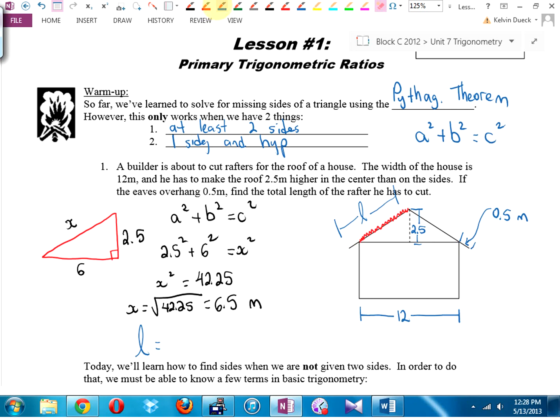How can I find the total? 7 meters. I would argue that's Math 9. Okay, it's a word problem, but I gave you a picture. If I give you a picture, I think word problems are a lot easier and not too bad.